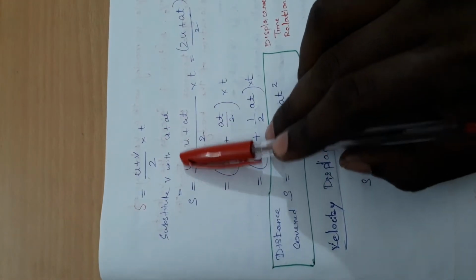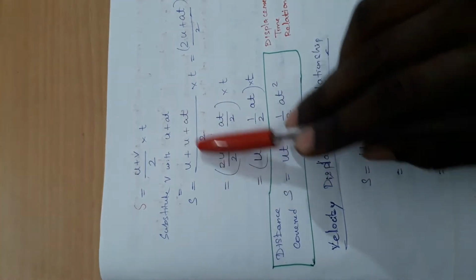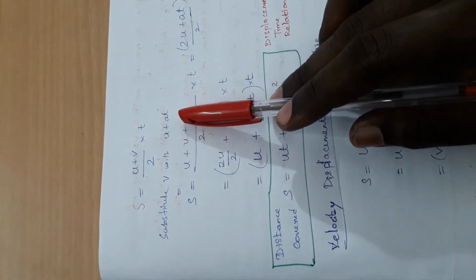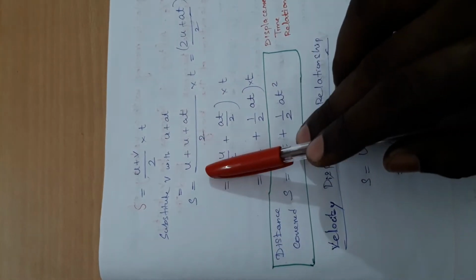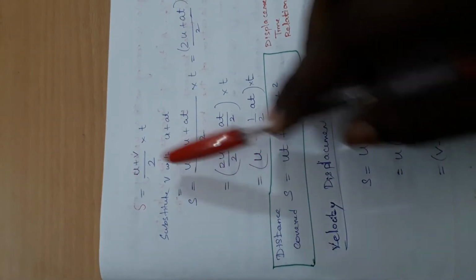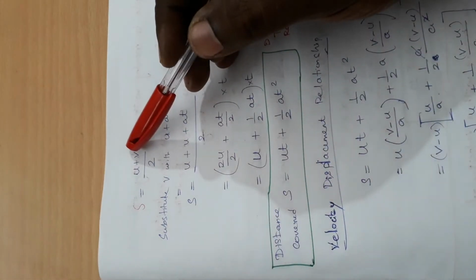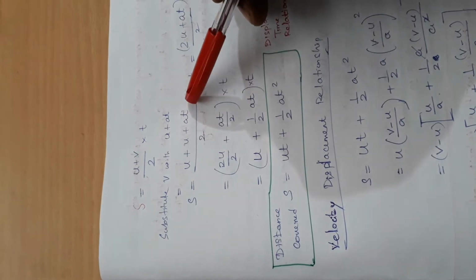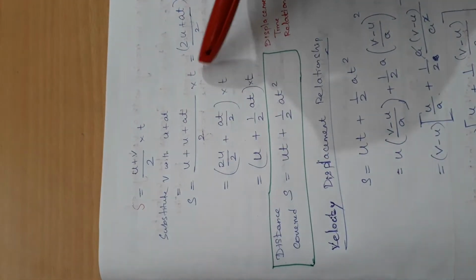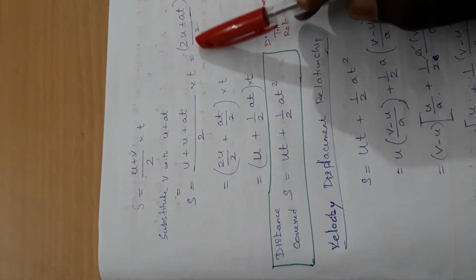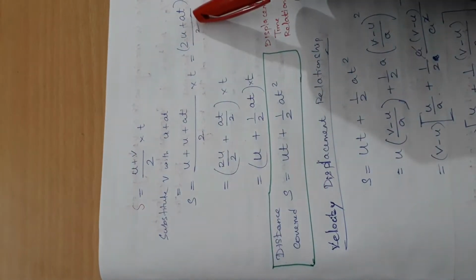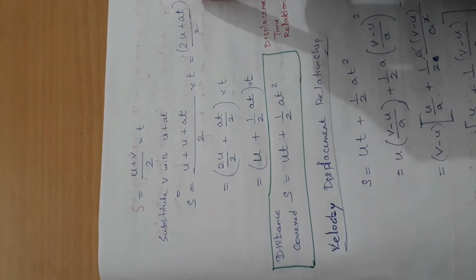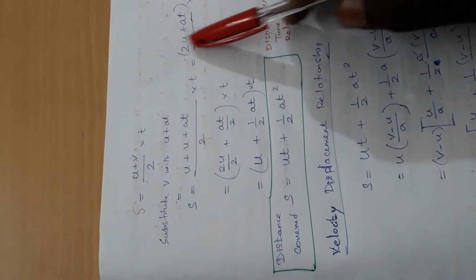Now we substitute v with u plus at, because we found that formula in the previous derivation. S is equal to u plus u plus at divided by 2 into t. Now we get 2u plus at divided by 2 into t.